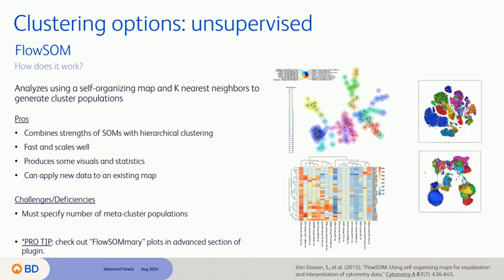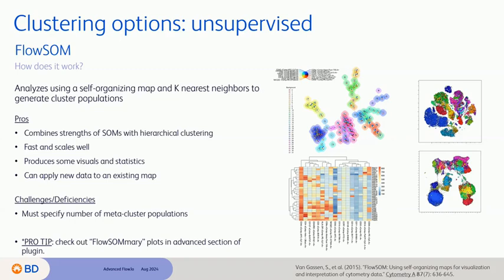Some people will run a different type of clustering algorithm, like PhenoGraph or X-shift, because those will return back however many clusters they find within the data. Then say you get back 20 clusters from PhenoGraph, someone might take that into FlowSOM and ask for 20 meta clusters, and then see how that performs with their data.